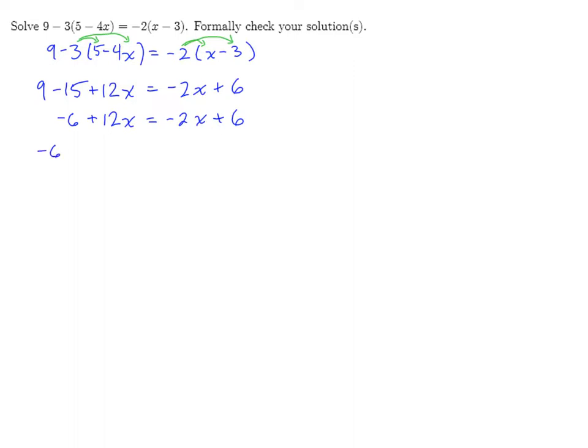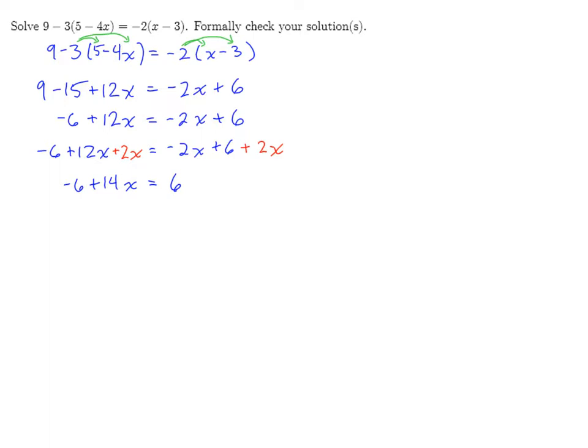So negative 6 plus 12x, we will add 2x to that side. And then on the right, we have negative 2x plus 6, and we will add 2x to that side as well. Okay, so now our left side has negative 6 plus 14x, and our right side just contains 6.